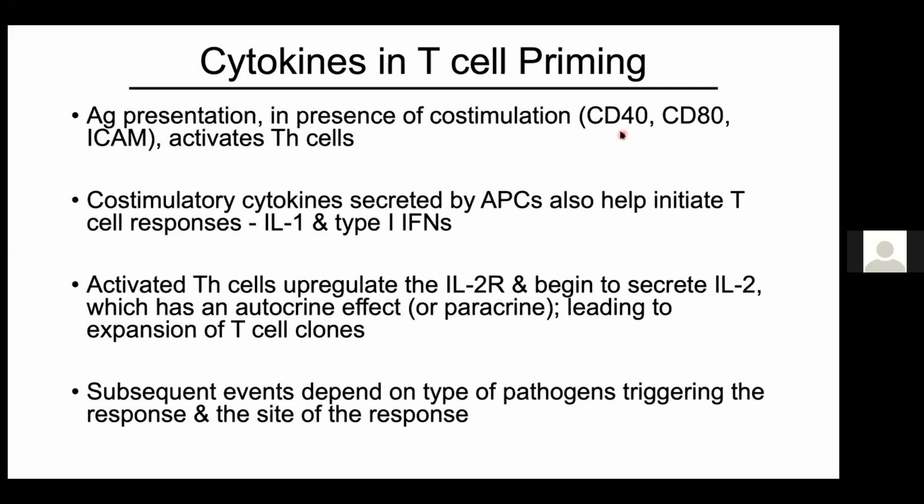So for example, CD40 ligand would be a molecule that is expressed on the surface of a cell to bind to CD40 on these cells so that they're activated. The other would be the B7 family of molecules like CD80, CD86, okay?